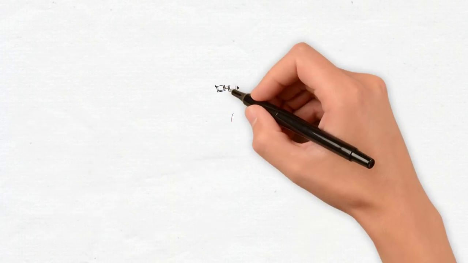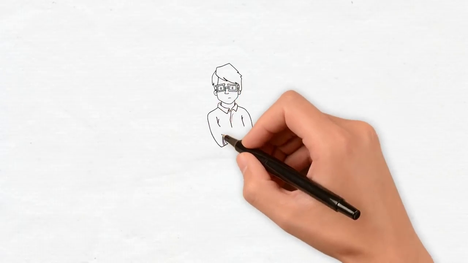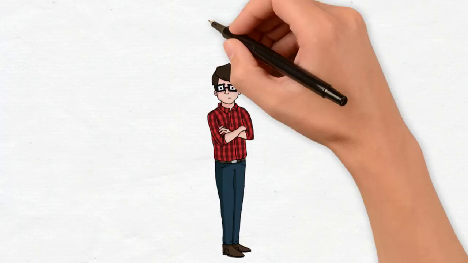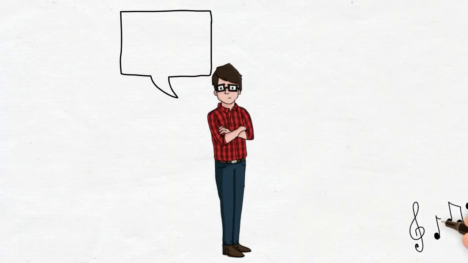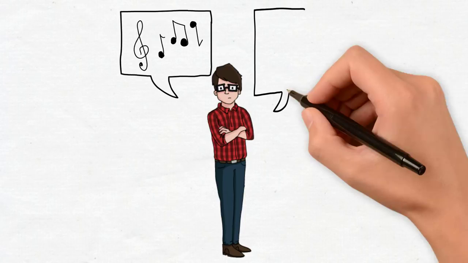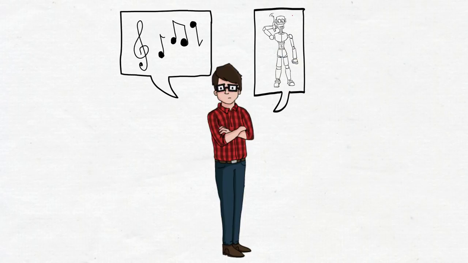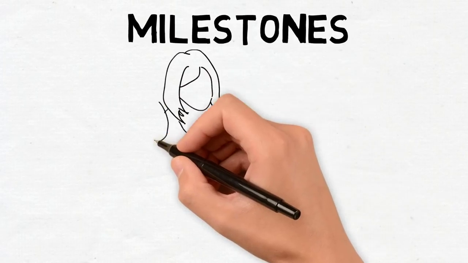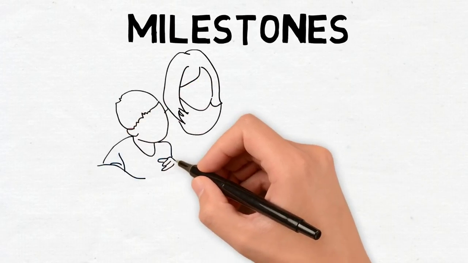Children with ASD who are verbal may say words or phrases that do not have any meaning or are out of context. They may repeat words they heard at an earlier time. Additionally, some children with ASD may speak in a high-pitched, sing-song, or robot-like voice. Milestones are important for parents and physicians to monitor a baby's development, learning, and behaviors.